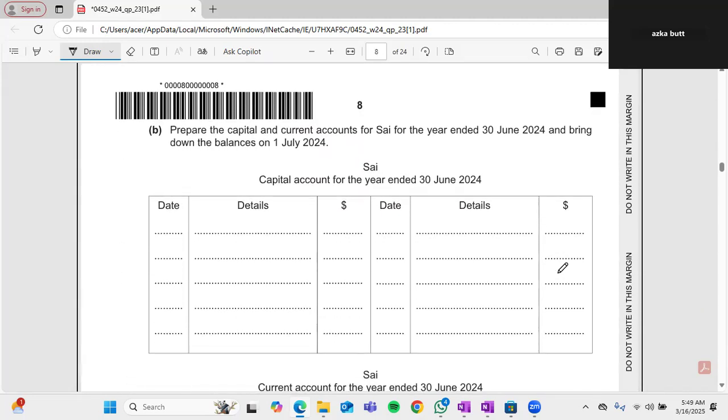Now let's see the second thing. Now we have to prepare the capital and current account for Sayi for the year ended 30 June 2024 and bring down the balance on 1st July 2024. Okay, first of all, let's write the opening balance.